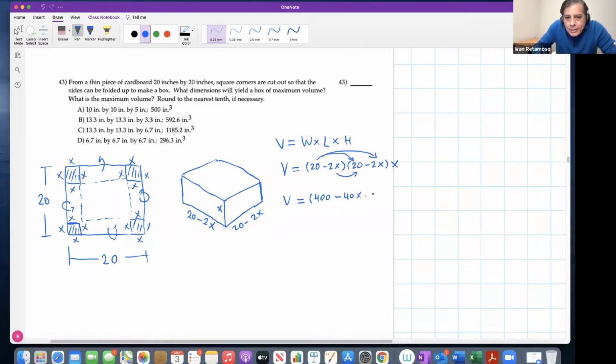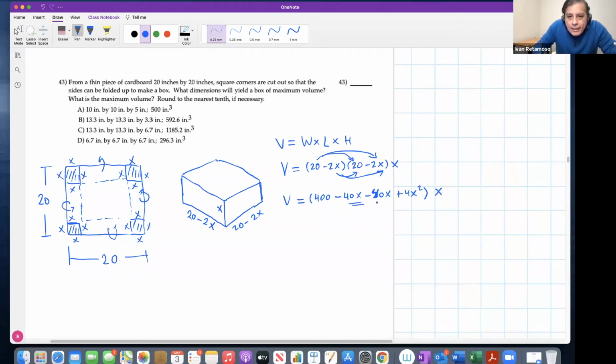Negative 2x times 20 is minus 40x again. And then negative 2 times negative 2 is positive 4x squared. That's this guy, but still we have to multiply by x.